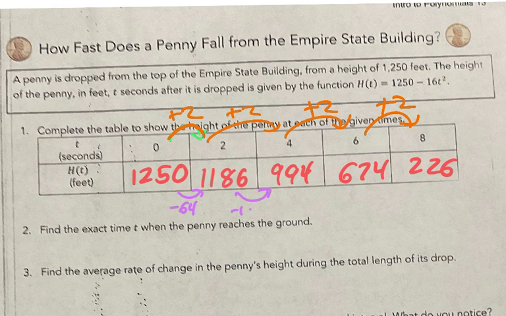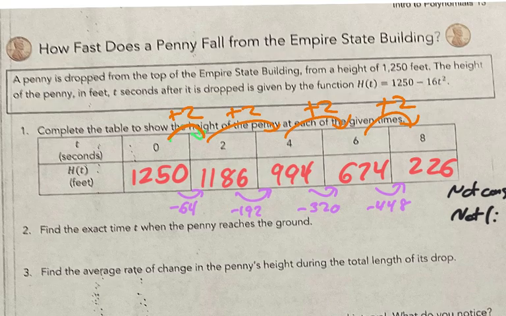This one goes down by 192. 320. This one goes down by 440. So the rate of change is not constant. Therefore, it's not linear. We can tell that just from the table of values.